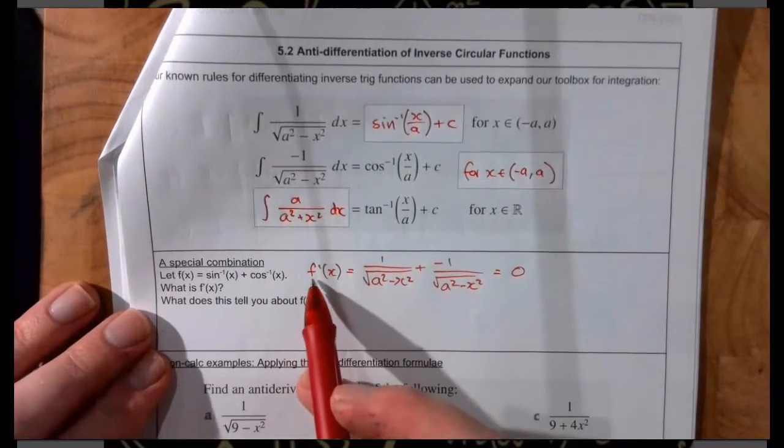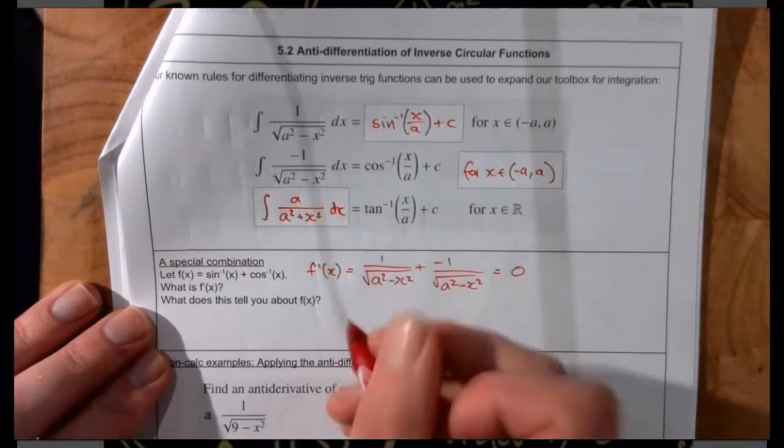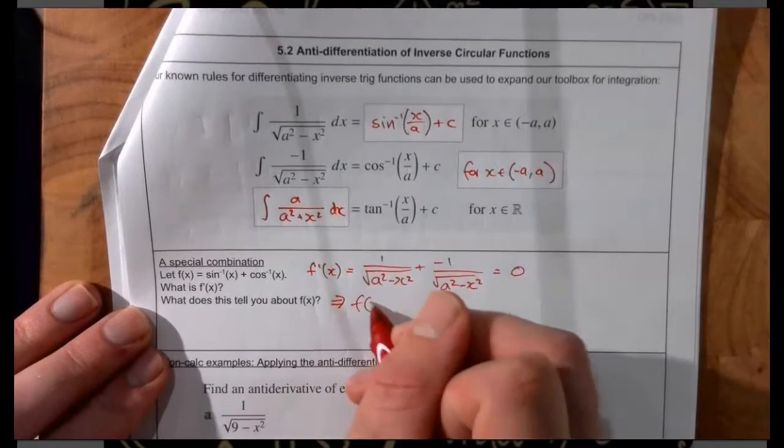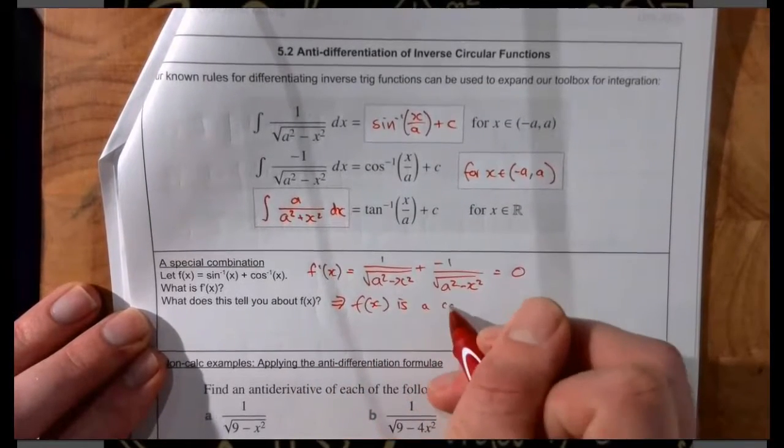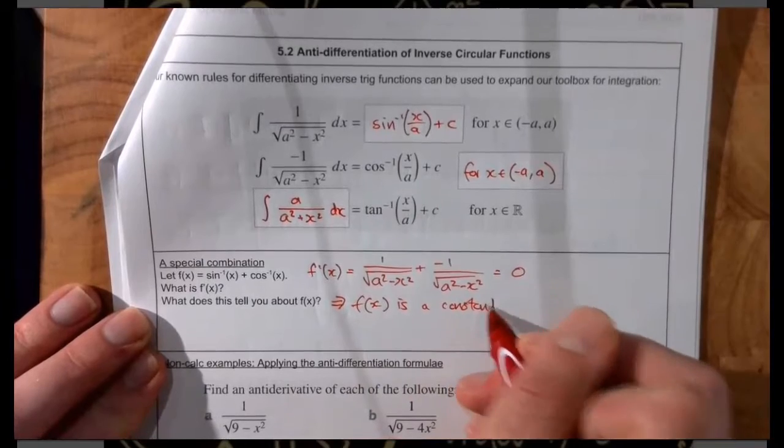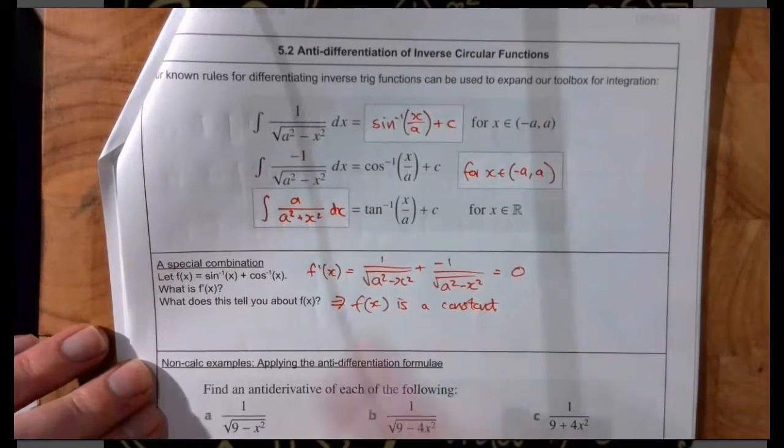So the gradient of this function is 0, which means that the function is a constant, because the slope is 0. It's not increasing, it's not decreasing, it's always the same.